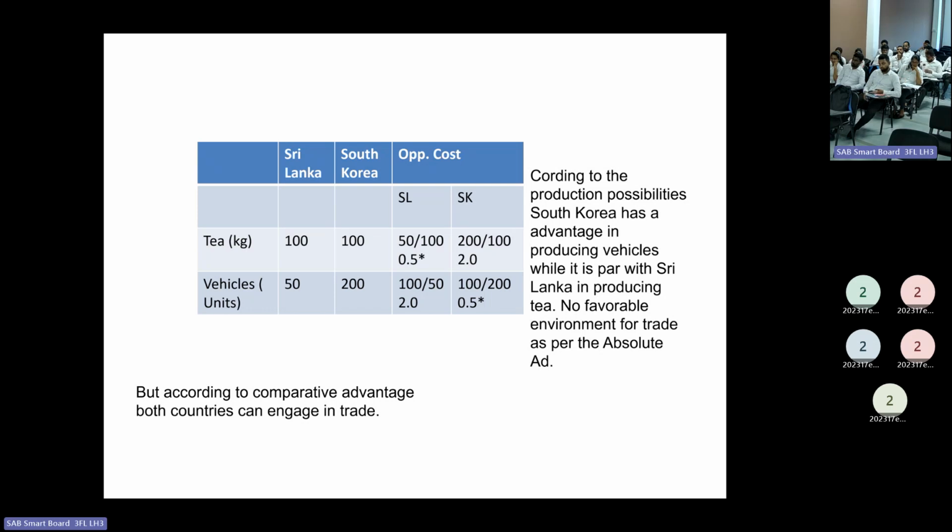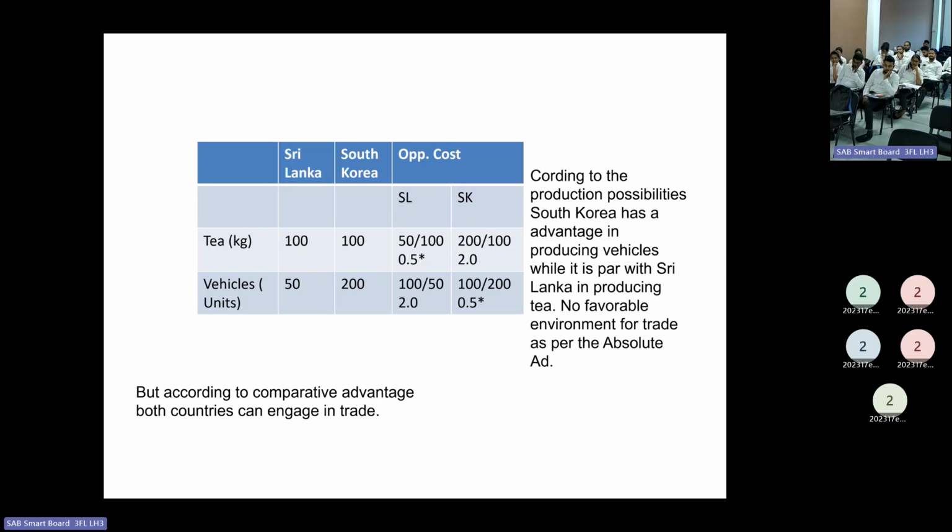Which country has absolute advantage? Now, Sri Lanka produced 100 and 50. South Korea produced 100 and 200. So South Korea has absolute advantage in producing, sorry, when we come to the tea, both countries are equal, no?